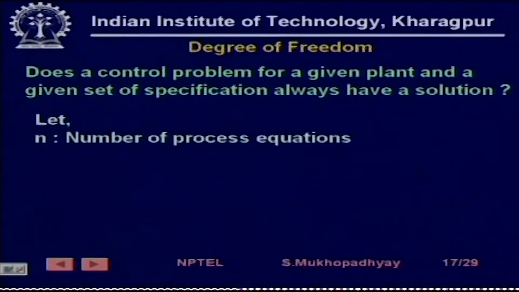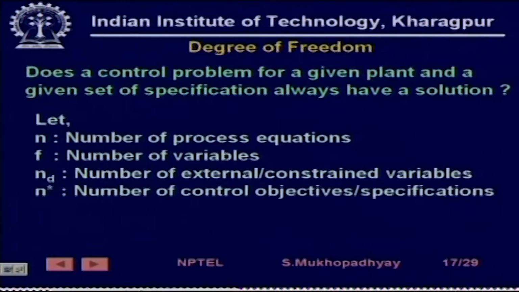Then, given this situation, is it possible to independently set values for, let us say, some temperature and some level? Such questions, what is possible to achieve, what kind of control objectives are possible given the situation, that is degrees of freedom. That is very important to understand before setting the control objectives.